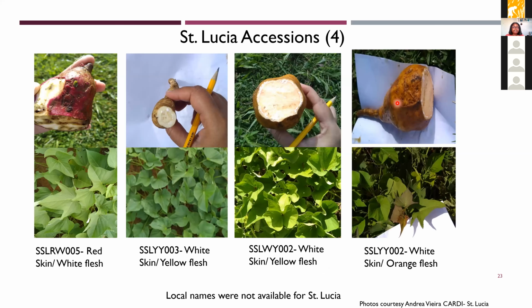From St. Lucia, we had 4. Most of the St. Lucia types were white to pale white cream skin and white to pale yellow to orange skin varieties. Again, there were no local names available for the ones from St. Lucia, and we had 1 red skin, white flesh. You can see it's some disease, but it's a red skin, white flesh variety.